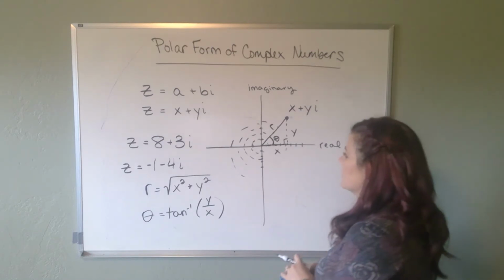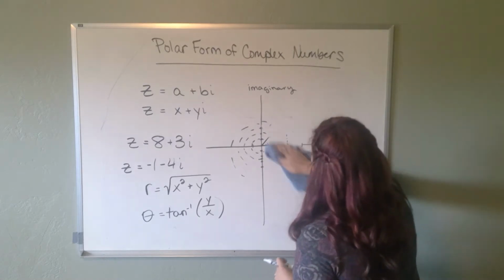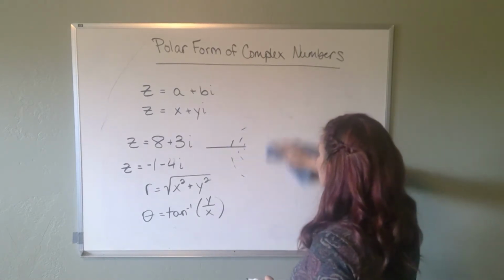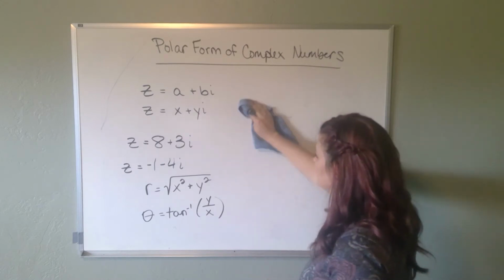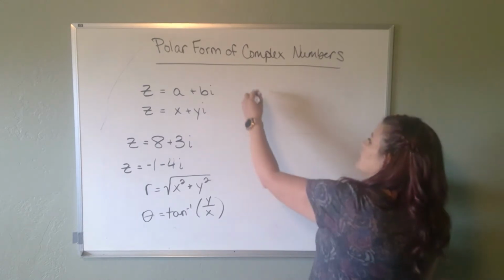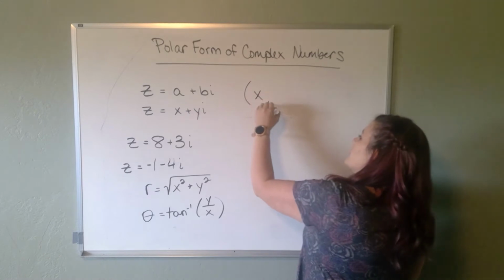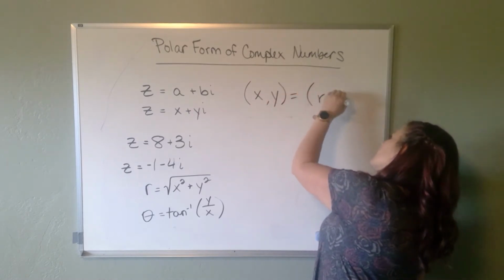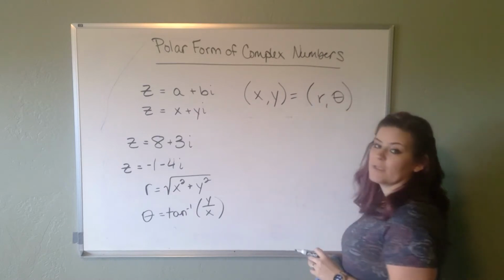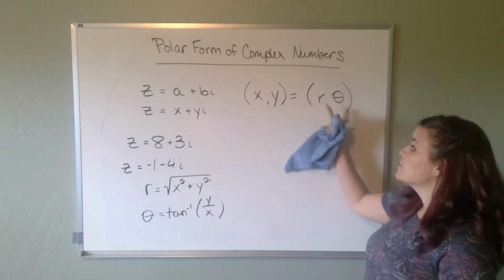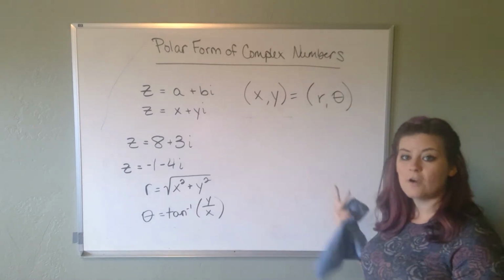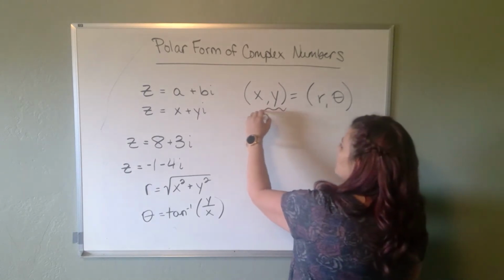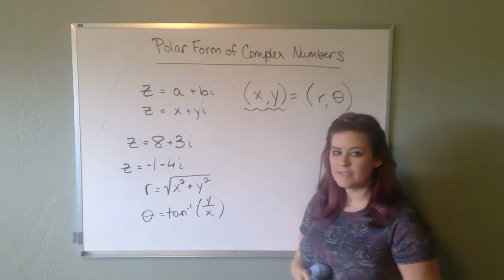So let me erase some stuff. The problem is, in 8.3, we went from these rectangular coordinates to another set of coordinates. So we went from an ordered pair to an ordered pair, x, y to r theta. But you guys remember your complex numbers aren't written like this.